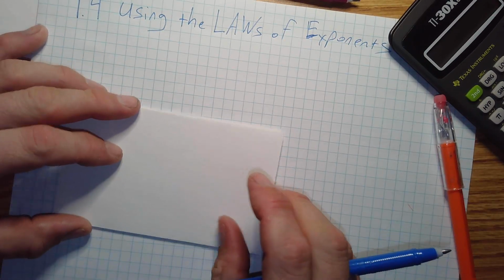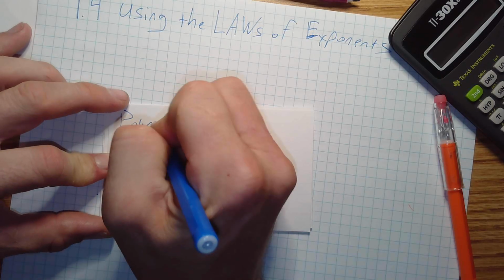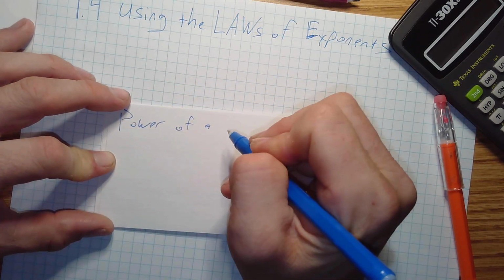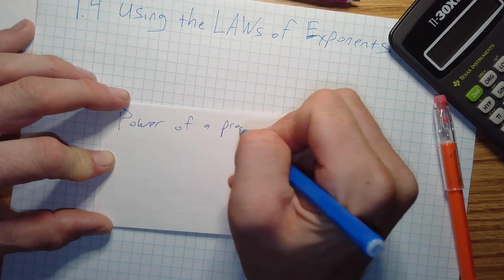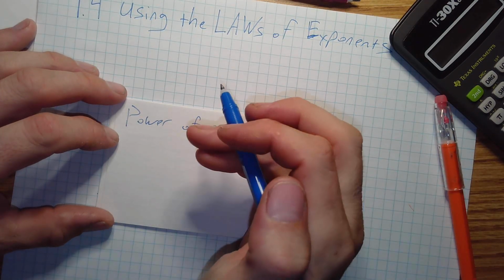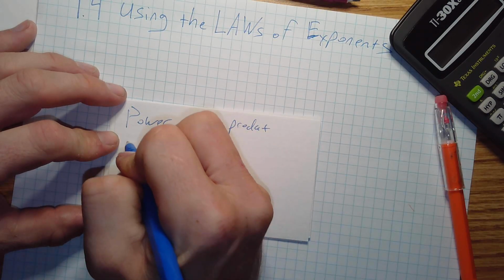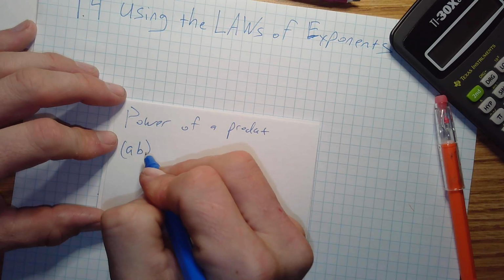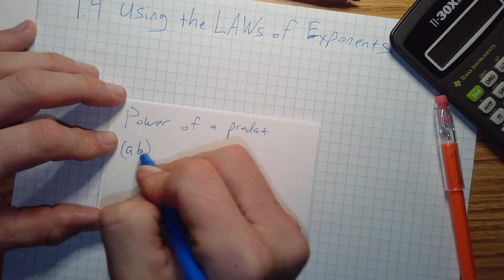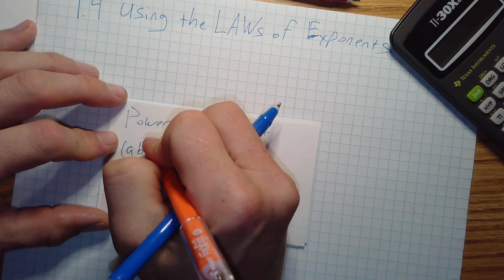All right, so then we have the power of a product. And this does not have the same base, right? So you have a product, A times B, two bases, right? And it has one power to the m, right?